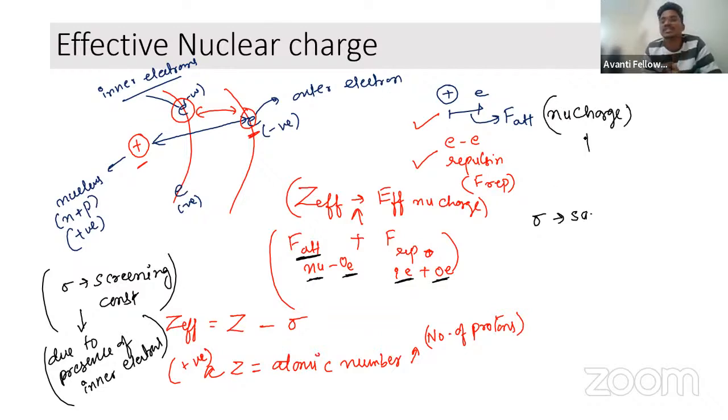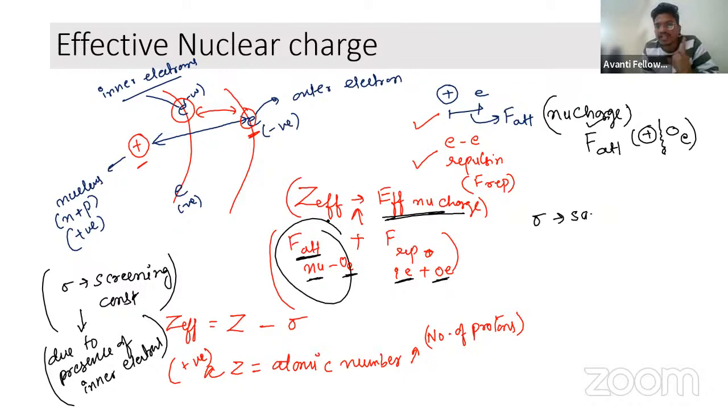It considers only the force of attraction between the nucleus and the outer electron. But effective nuclear charge is the force of attraction between the nucleus and the outer electron together with the repulsive forces between the inner electrons and the outer electrons. Very simple.